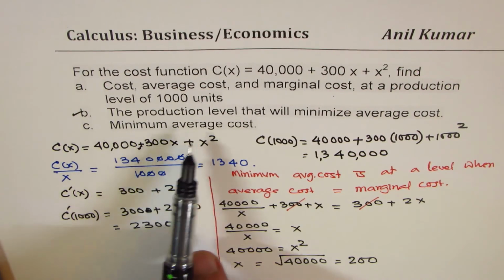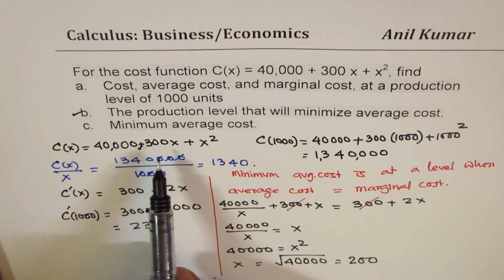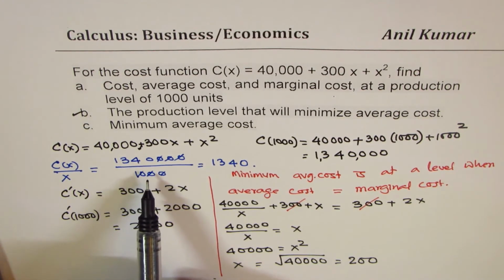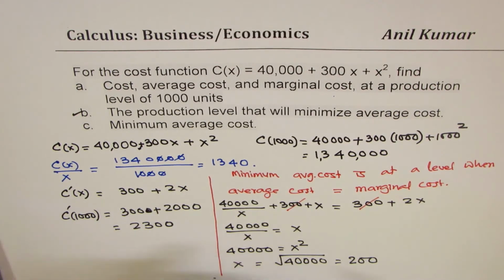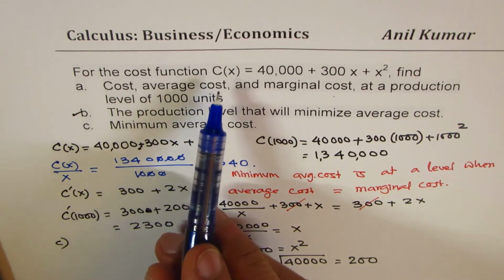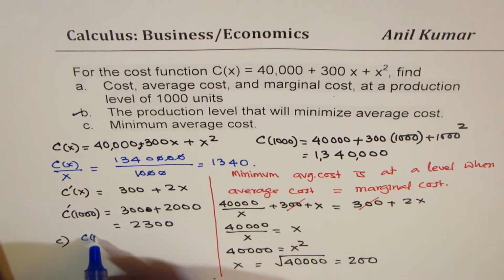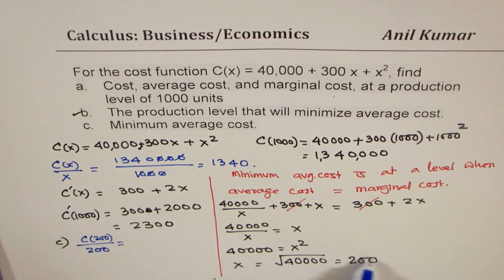Now part C is the minimum average cost. To find the minimum average cost, I'll substitute 200 in the average cost function. We divide the total cost at 200 by 200, so that becomes your average cost at 200.